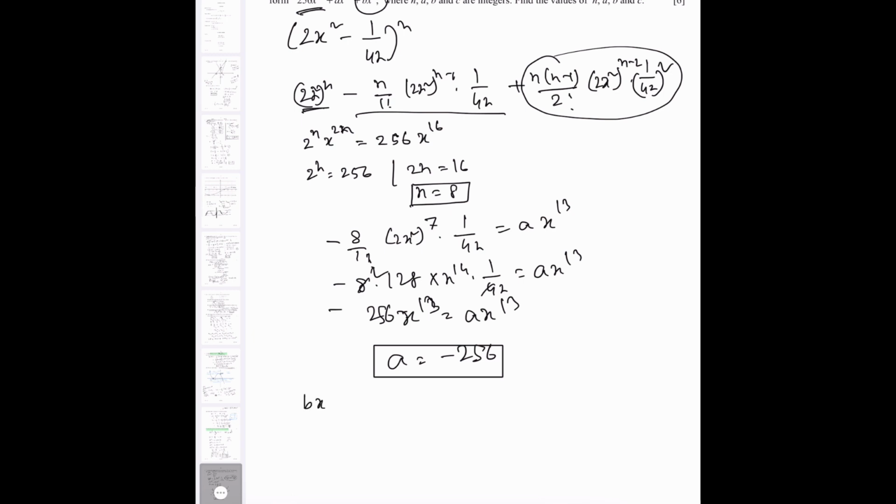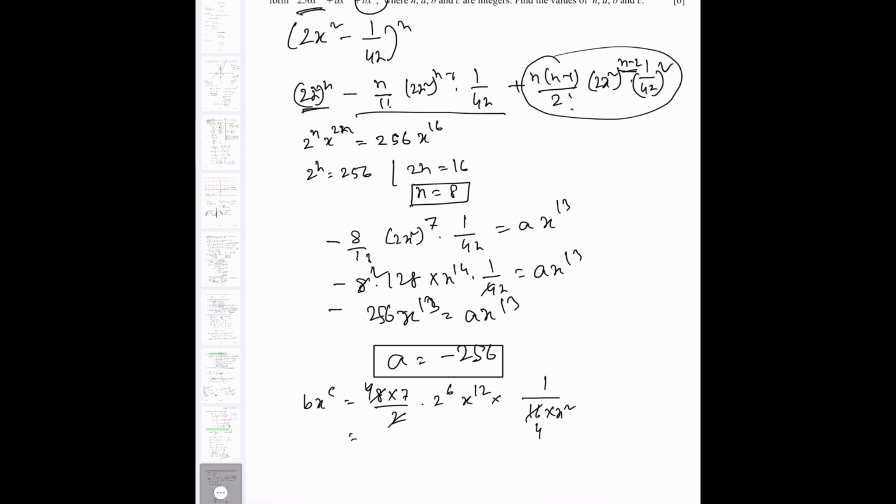b x to the power c: n is 8, so 8 into n minus 1, 8 minus 1 is 7, over 2 factorial, 2, times 2 to the power n minus 2, that is 8 minus 2, 6, so 2 to the power 6 x to the power 12, into 1 by 16 into x squared.